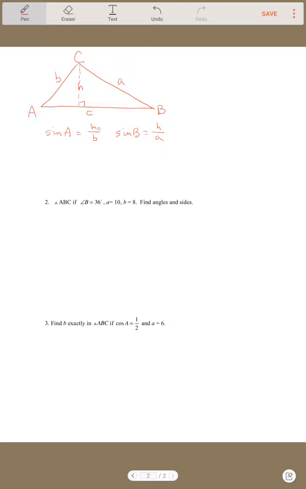Well, if both of these trig functions have h's in them, what we can say is that h is the same thing as b sine a. In our other trig ratio here, we see that h is the same thing as a sine b. Well, if both of them are h's, that's basically a system of equations, where we can say that b sine a is equal to a sine b.